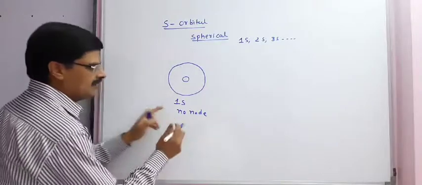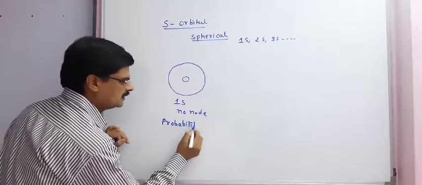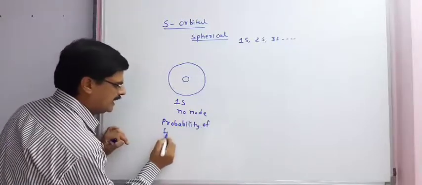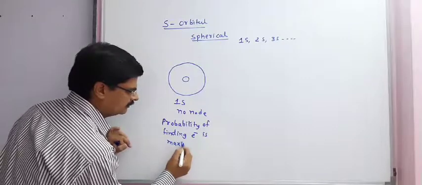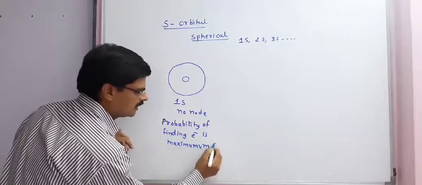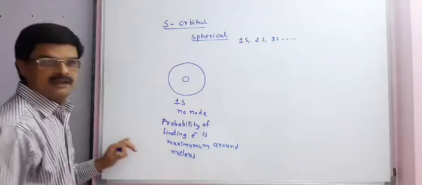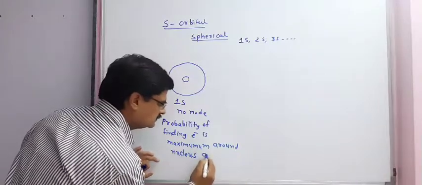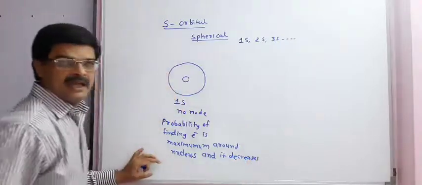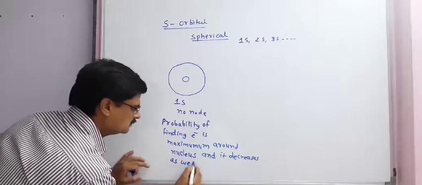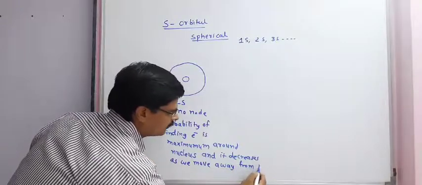And for 1s orbital we can say that probability of finding electron is maximum around nucleus and it decreases as we move away from the nucleus.